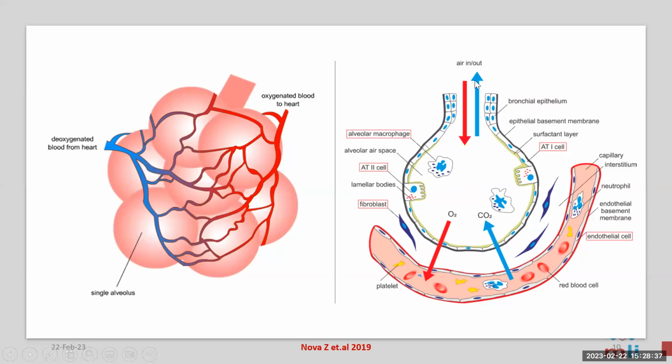So what happens in this inlet and outlet where the air passes? What happens on this surface or in this membrane between the alveoli and the capillary, and also within the capillary? When all these get combined together, they influence the lung function of children with sickle cell disease.